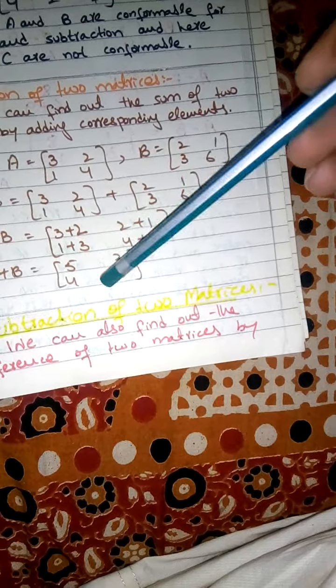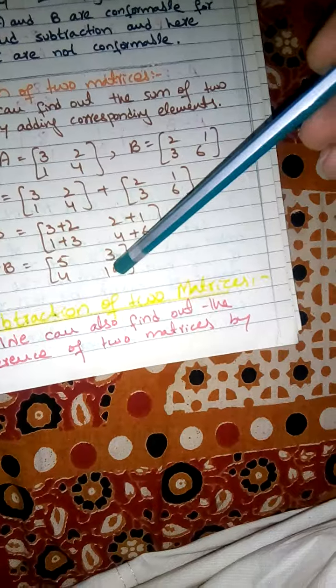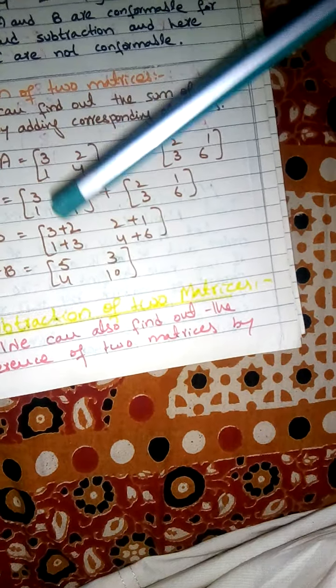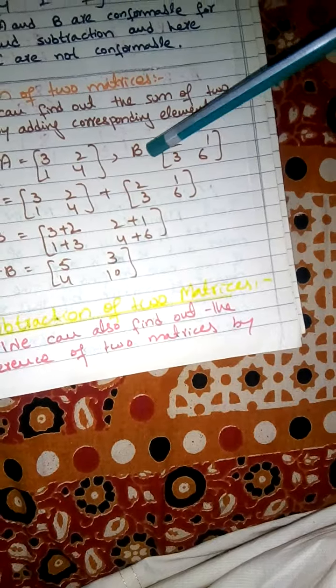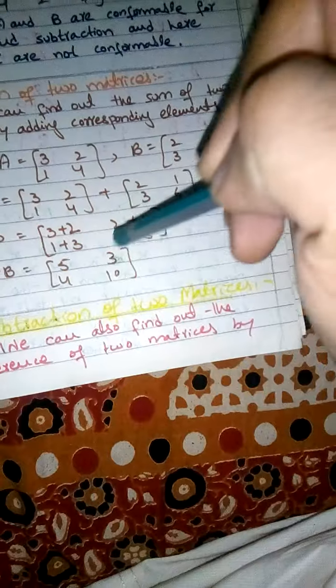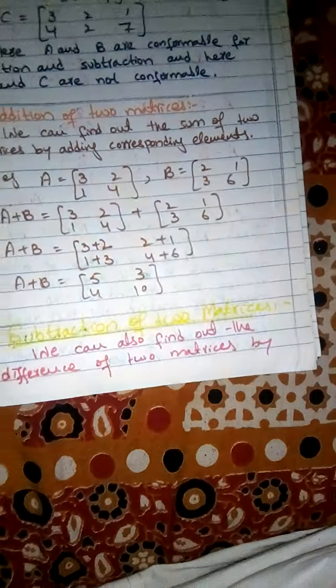If you add these, you get 5, 3, 4, 10, this is the sum. And the order of the solution and both matrices will be the same. This is a 2 cross 2 matrix, this is a 2 cross 2 matrix, and this is also a 2 cross 2 matrix.